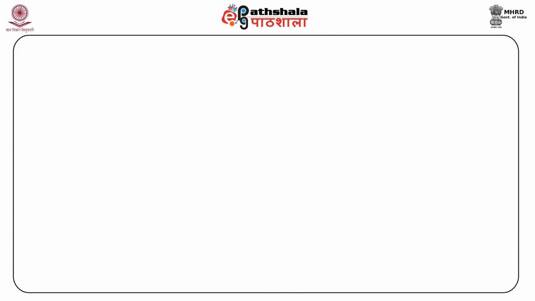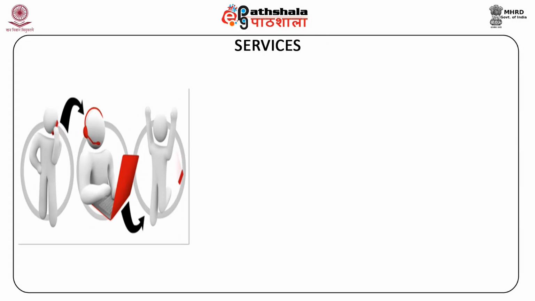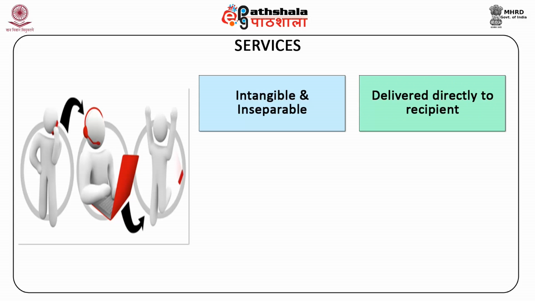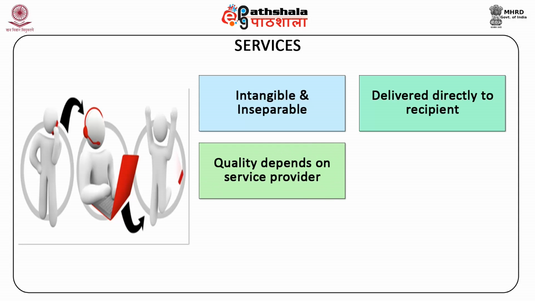The last type under this category we will talk about is services. Services are intangible, inseparable, variable, and perishable products. They are delivered by the service provider directly to the recipient. The quality of the service depends on the service provider.